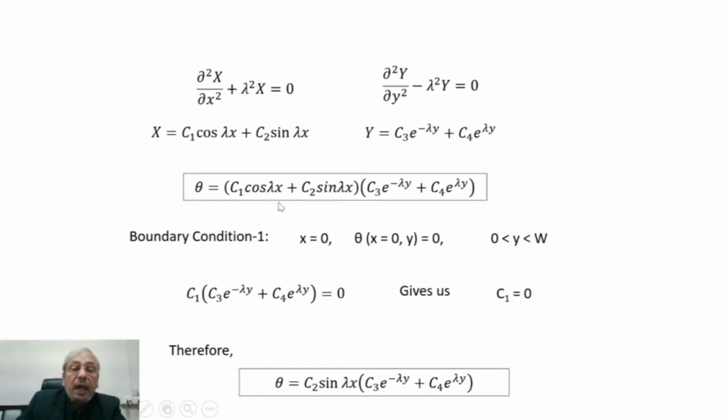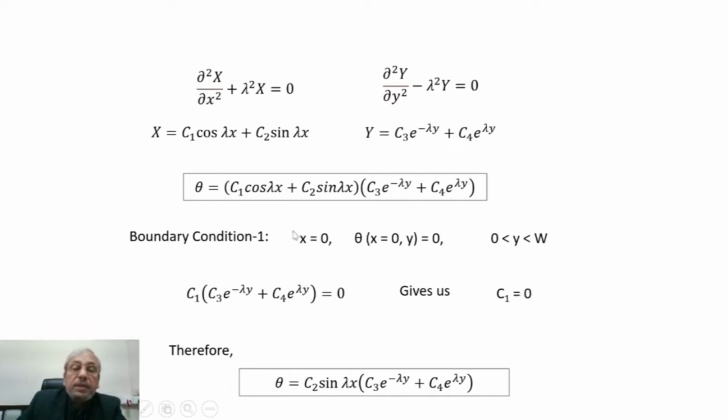If we apply that, we have to substitute x equal to 0 in this expression. We will get C1 times (C3 e to the power minus lambda y plus C4 e to the power lambda y) equal to 0. This gives us the obvious outcome that C1 must be 0.